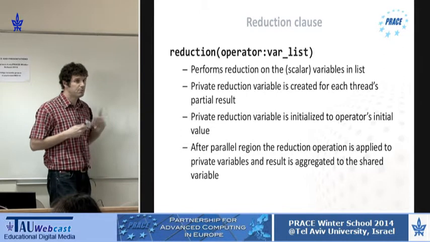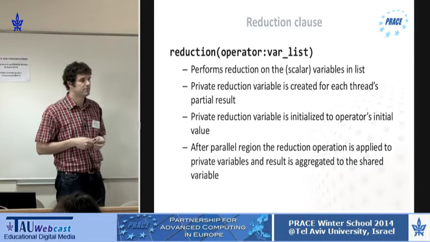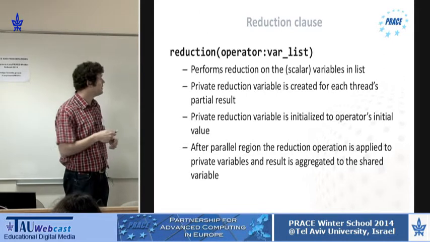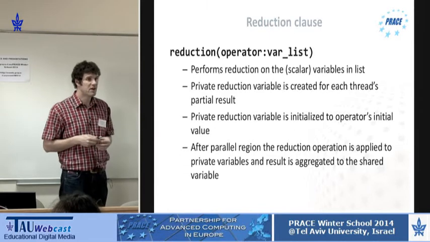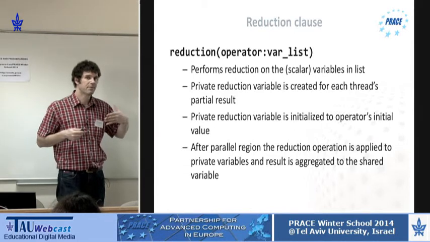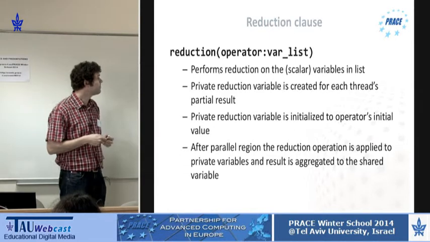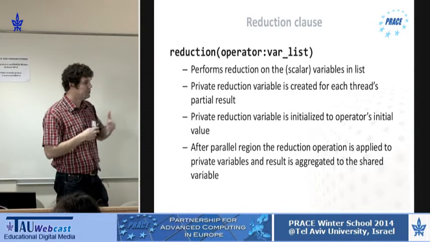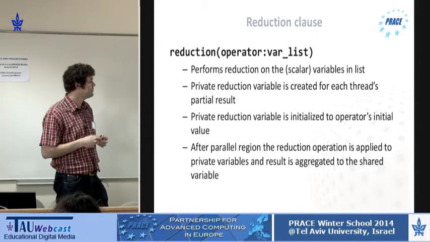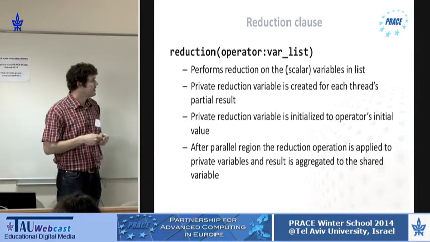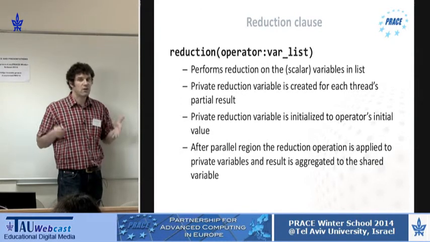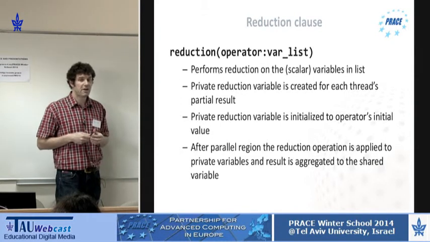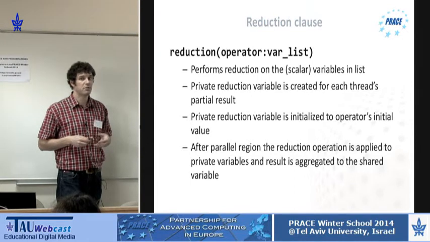Each thread performs its work and updates the value of this private variable, which doesn't actually show up to the user program. When one ends the parallel region or the parallel construct where the reduction is applied, the values from each thread are aggregated to the master thread and summed together.